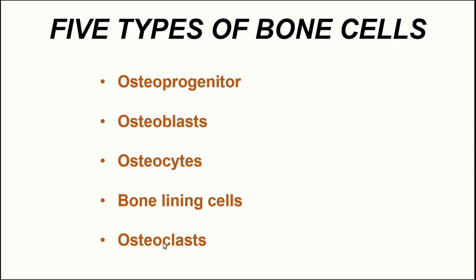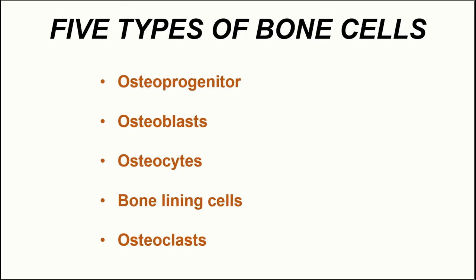And last but not least we have osteoclasts, which come from a different cell lineage. Osteoblasts, osteocytes, and bone lining cells are all derived from osteoprogenitor cells. Osteoclasts have a different function and come from a different cellular lineage. So let's take a look at all five of these cell types and what they do.